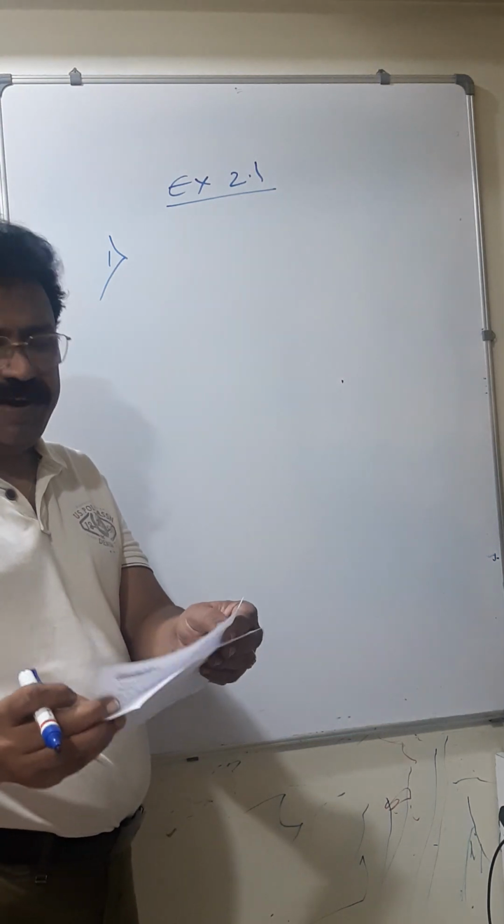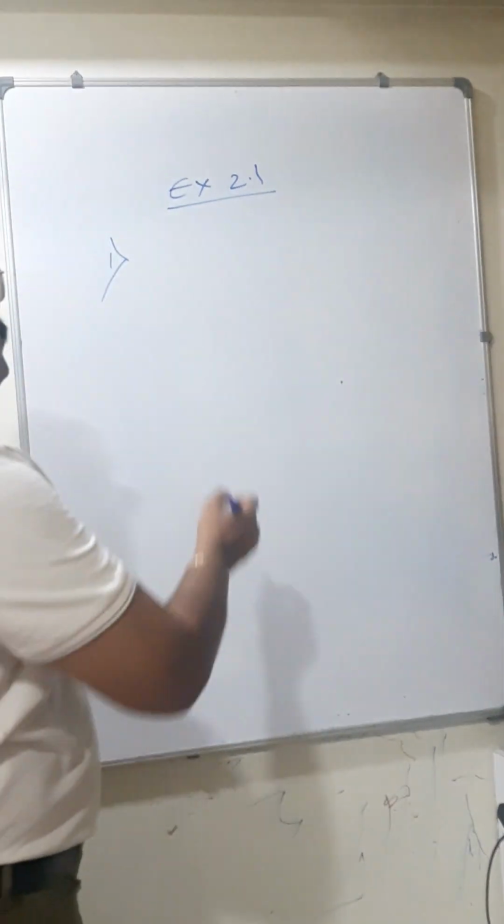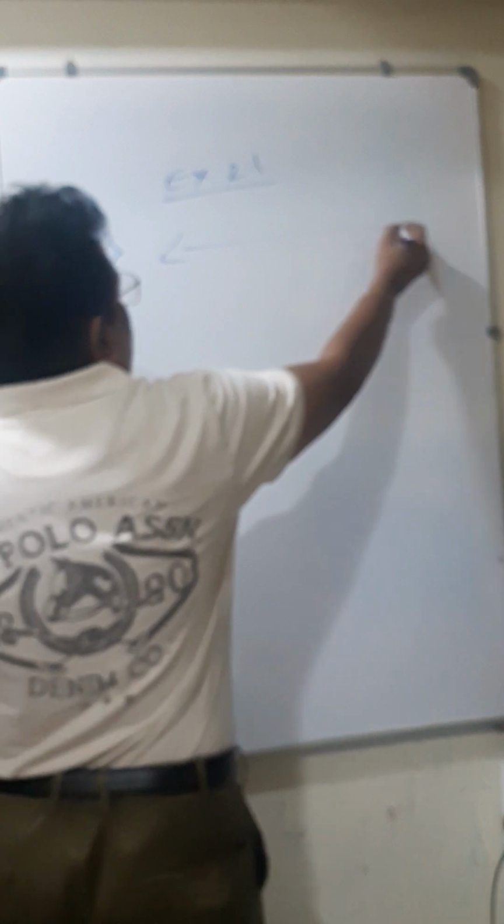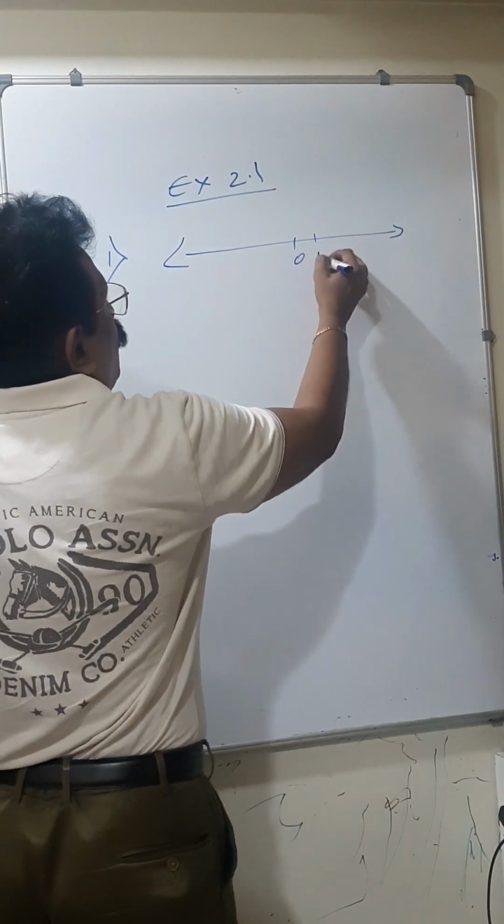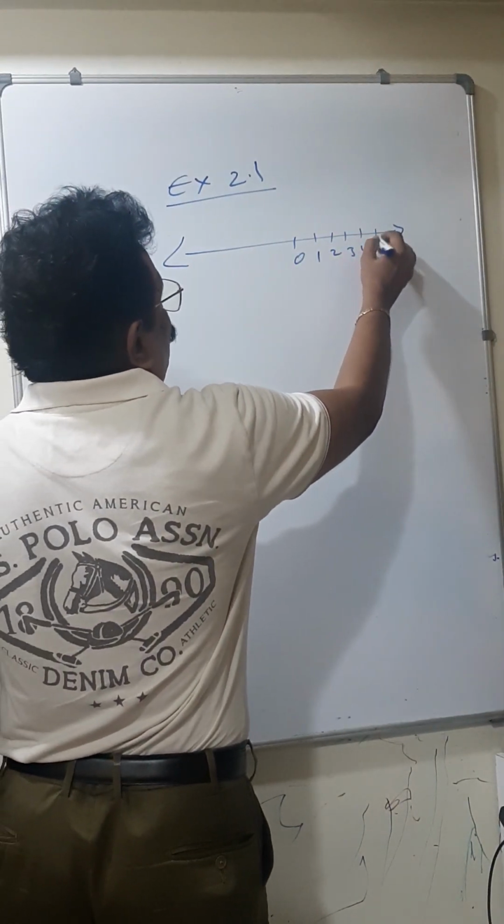First one. What is the first question? Write all integers between minus 10 and 5. You know it very well now. See, this is the number line 0, 1, 2, 3, 4, 5.